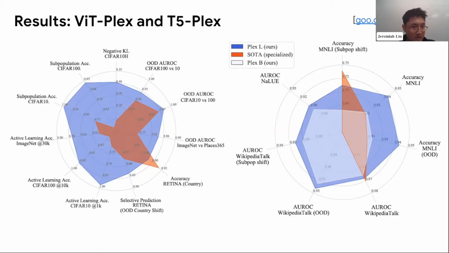The performance of the Plex model is highlighted in blue, and the best performance that we collected from the literature is in red. To highlight the impact of the size of the model architecture, especially on the text side, we also showed the performance of the Plex model based on the base rather than large architecture.